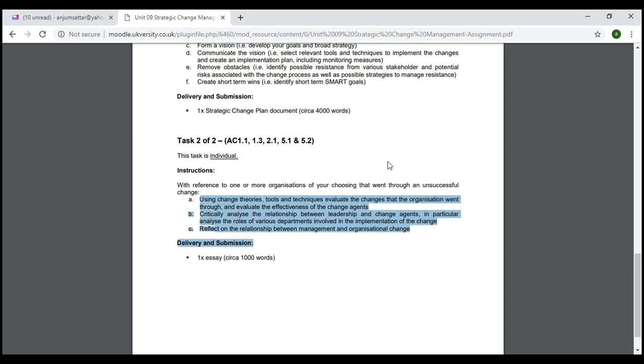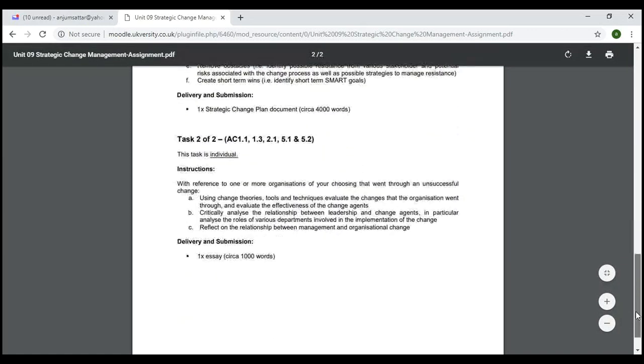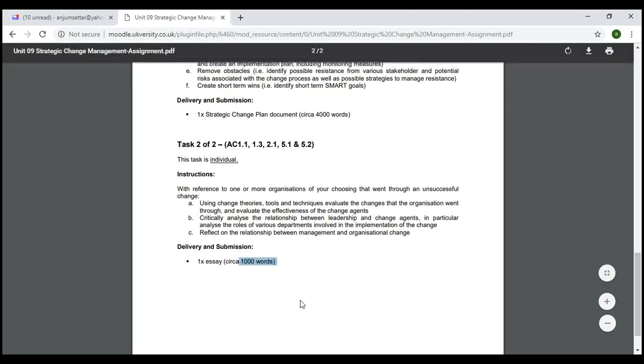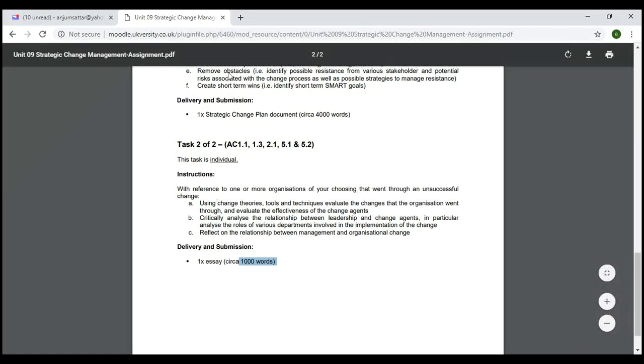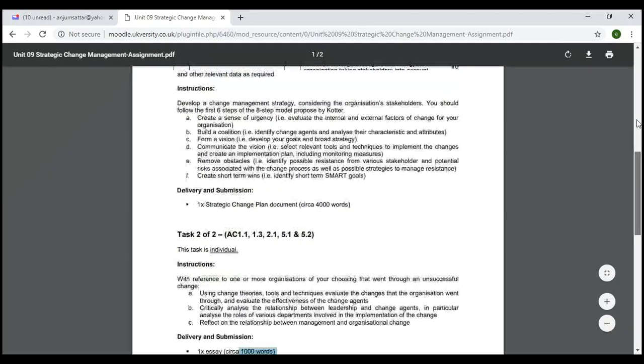That is 1,000 words, so the total is 5,000. This is a guidance, so we don't need to be exactly about 5,000 words for the two. Normally the rule says 10% more or less, but they are quite flexible. But at least we will meet the criteria.